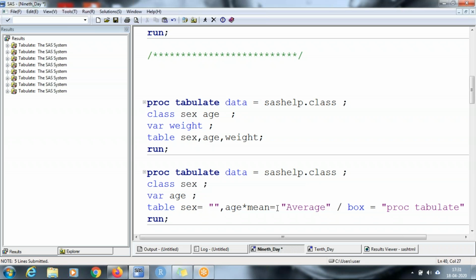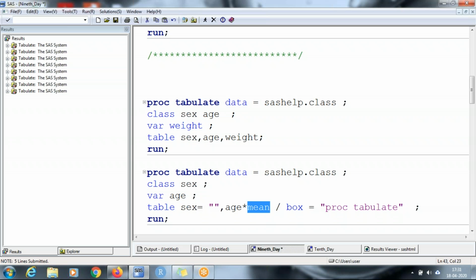So in that case, you are multiplying the name of the statistic with your variable. All right. So now you will see male female on the row side, and average of age on the column side, right?